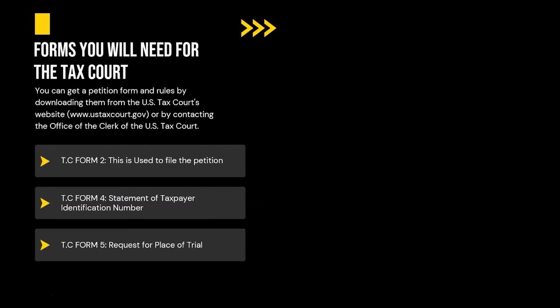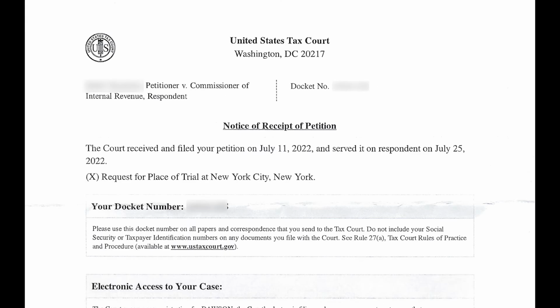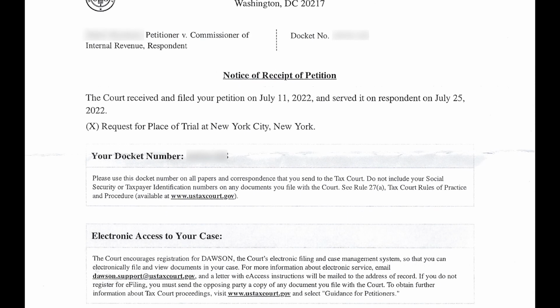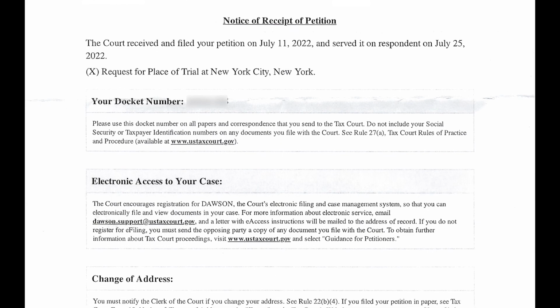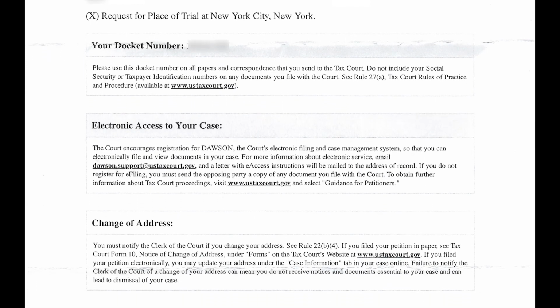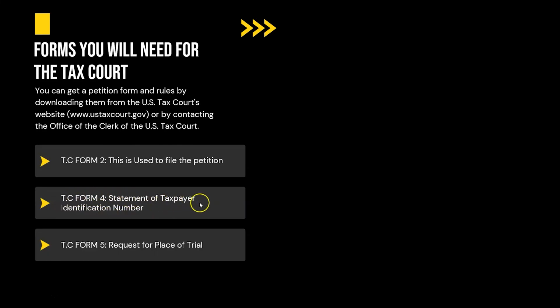Whenever you petition the tax court, your information becomes public, and so the tax court has developed a process where even though your name will show in the docket, your Social Security number, ITIN or tax ID will not show if you complete these forms. So you're going to state this separately on a separate form showing your tax ID.